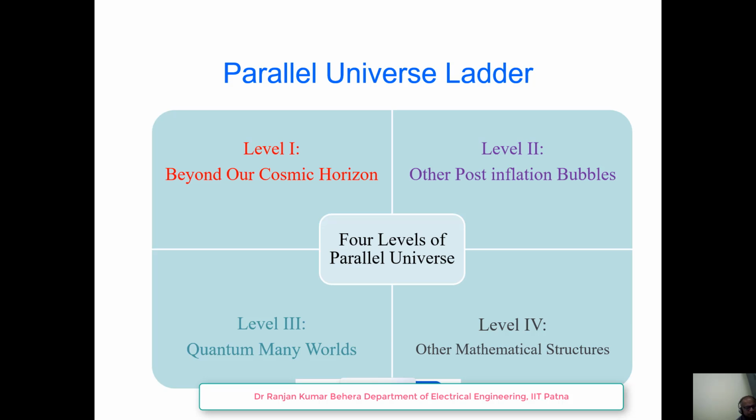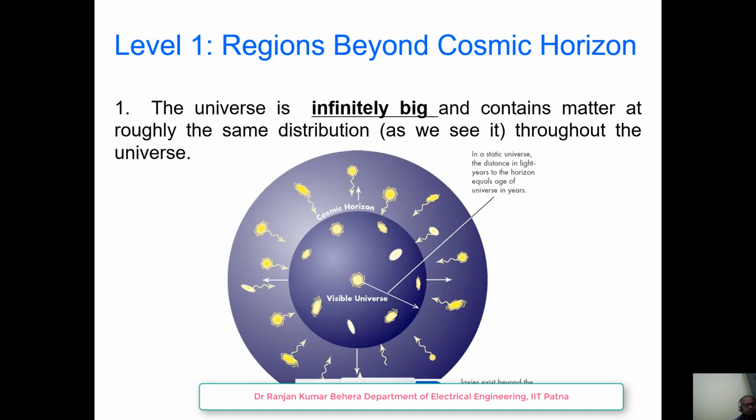Then there are quantum many worlds, like you have a mirror, you can have thousands of mirrors, and thousands of mirrors can reflect thousands, and like that you will see an infinite number of images. Exactly, there are many mathematical structures where the whole entire cosmic development would take place. So the universe is infinitely big and contains matter at roughly the same distribution throughout the universe.